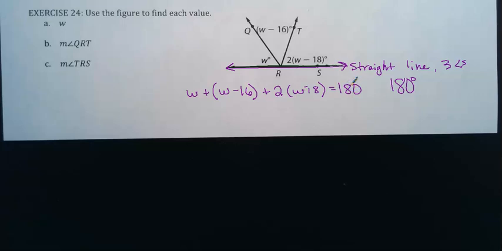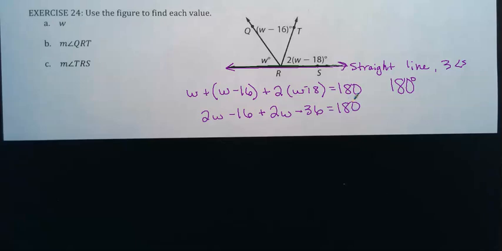All right, so we have to solve our equation. I'm going to combine some like terms, but I'm going to have to distribute too. So W and W is 2W, minus 16, plus 2W minus 2 times 18 is 36, equals 180.